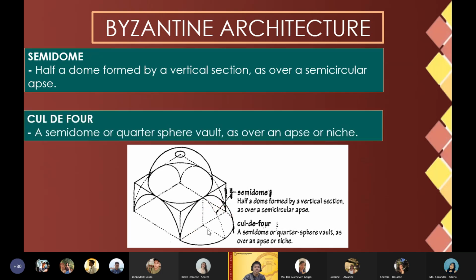Another term we have here is cul de four, a semi-dome or quarter sphere vault as over an apse or niche. It can be just a quarter. Later on, we'll discuss the use of this semi-dome, cul de four, once we present the examples.